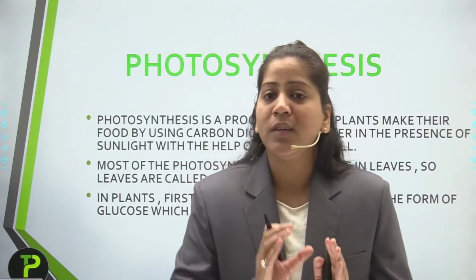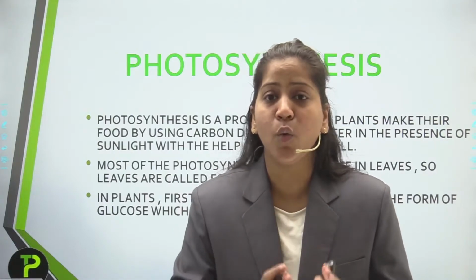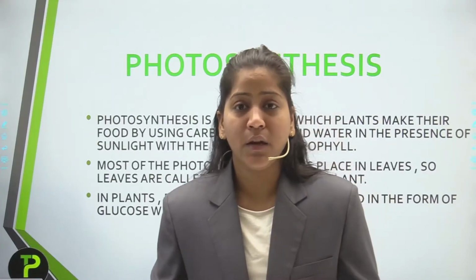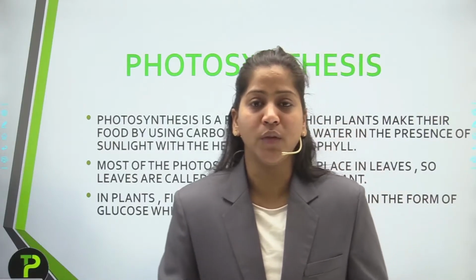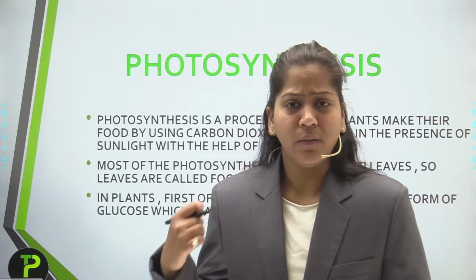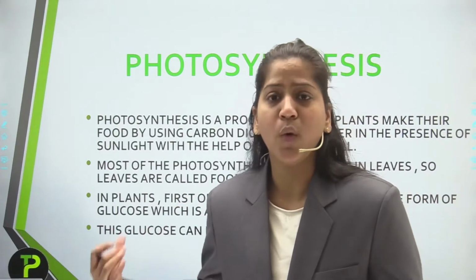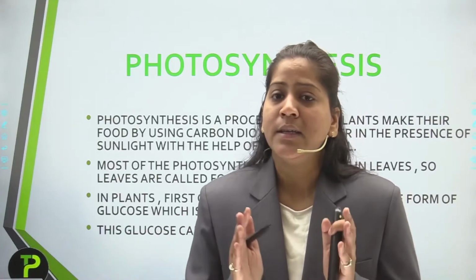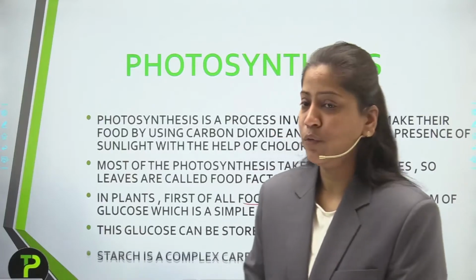Glucose is a simple carbohydrate, and it is the main source of providing us energy. So plants make their food in the form of glucose, but they do not store this glucose. They store the glucose in the form of starch. Starch is nothing but a complex carbohydrate. So let's move forward now.